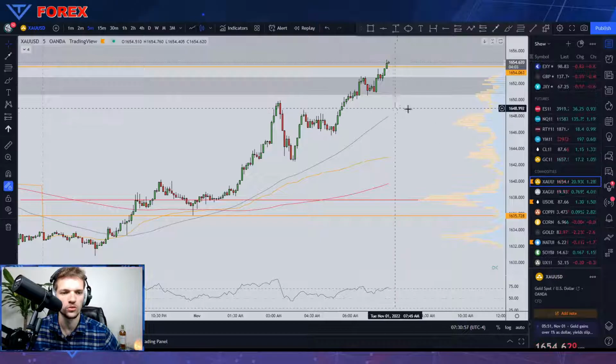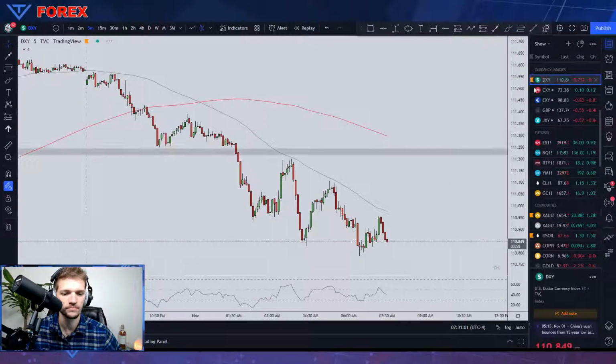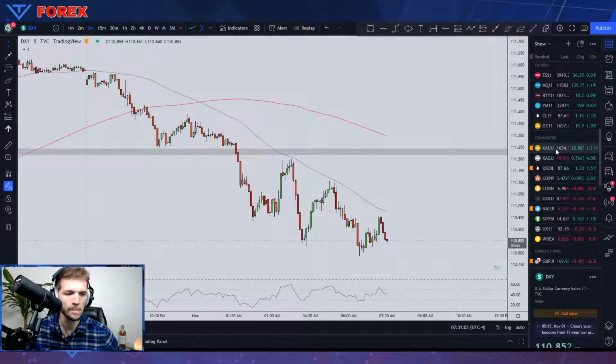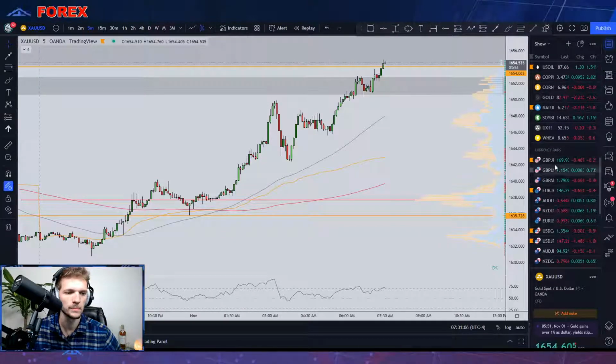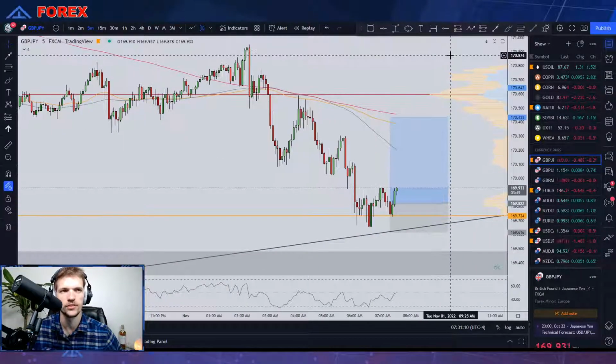Oil, gold. Gold's approaching this rejection zone in here. Just going to focus on pound yen for now because everything else seems like doo-doo.